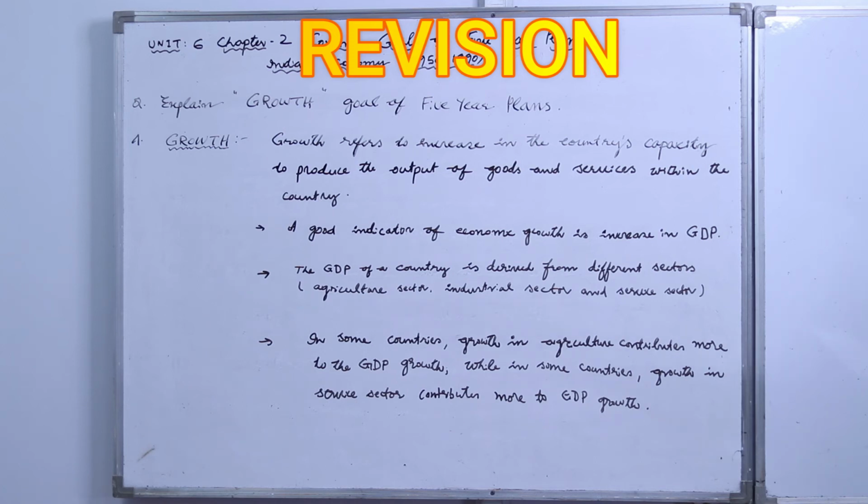An increase in GDP, or availability of goods and services, enables people to enjoy a richer and more varied life. The GDP of a country is derived from different sectors, such as the agricultural sector, the industrial sector, and the service sector of the economy.